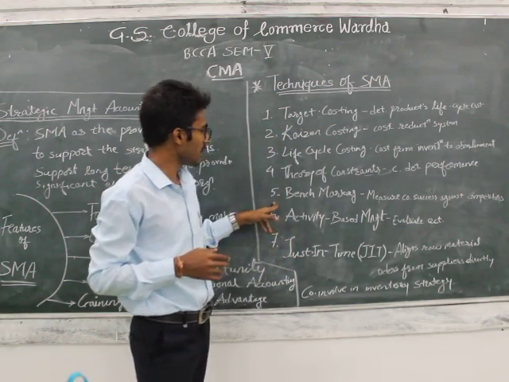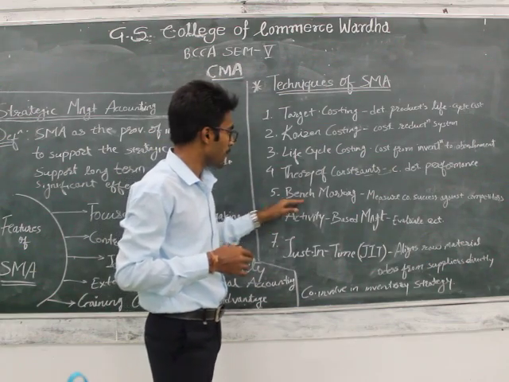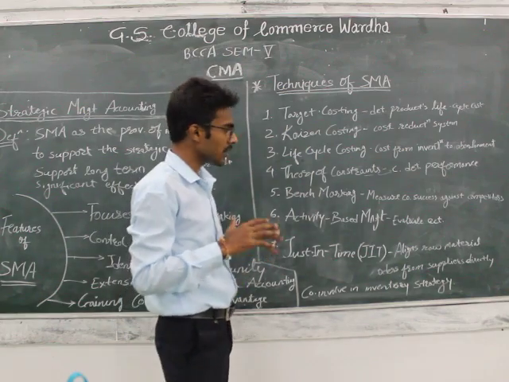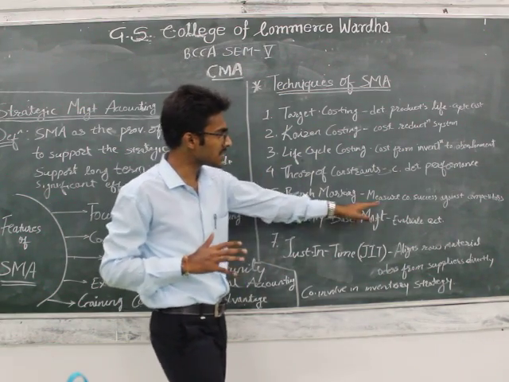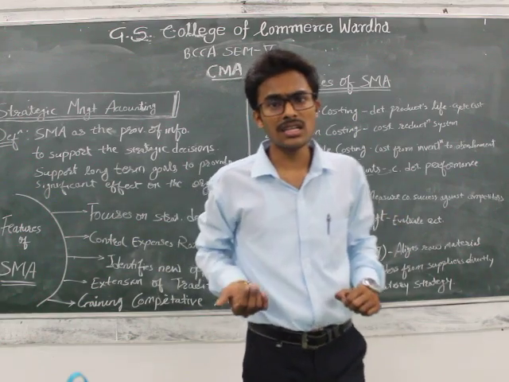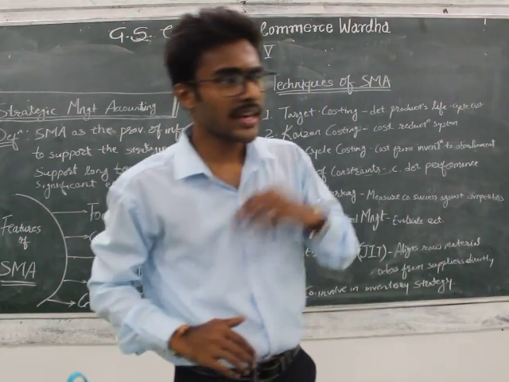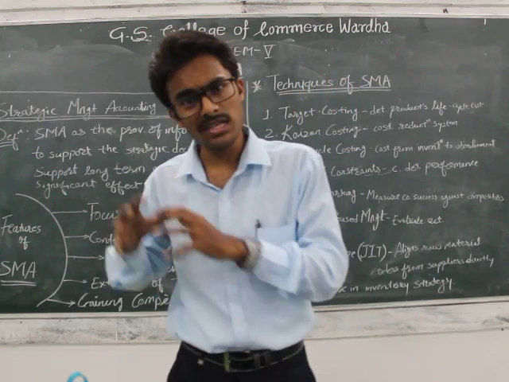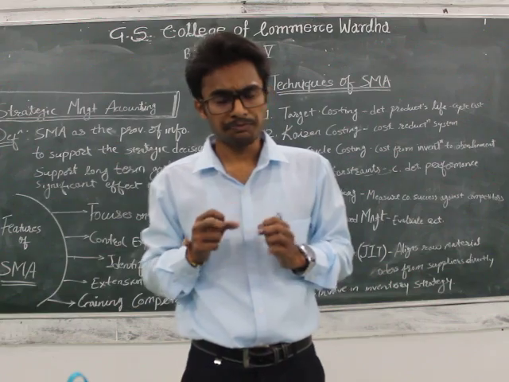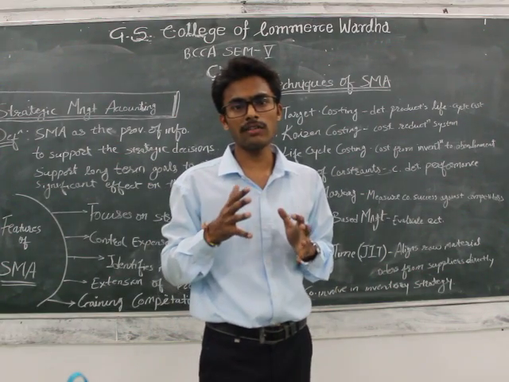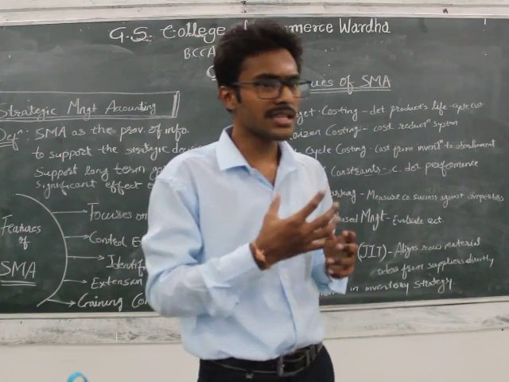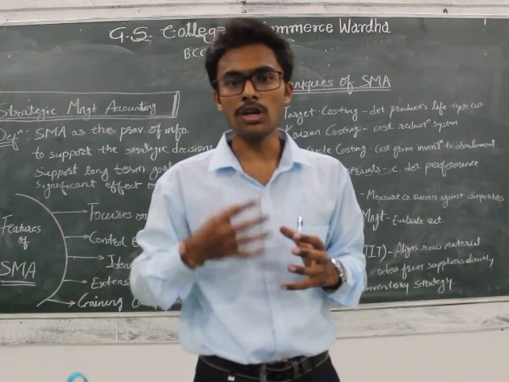The fifth technique of SMA is benchmarking. Benchmarking is the system where one company can measure its success against a competitor, a company which is similar to this company as well. They will find some similarities in companies and will assess the performance of the competitor.